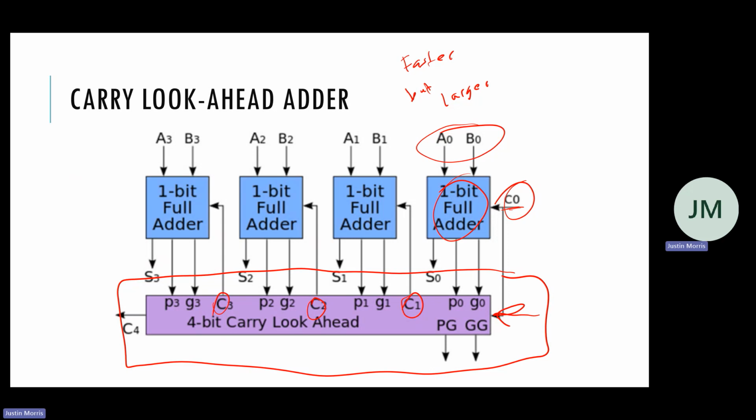Any other question? The other thing that I should mention is that you can follow this also. If you make the 1-bit full adders, you can create the propagate generate signals and then have this separate logic block do the carry calculations.